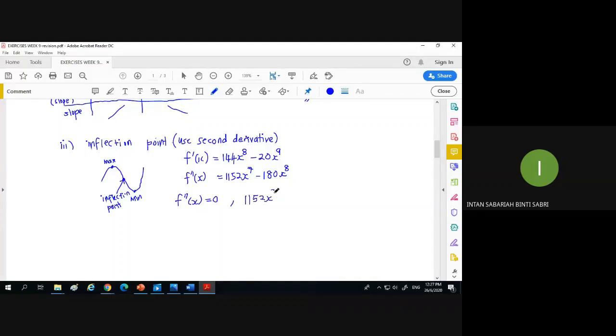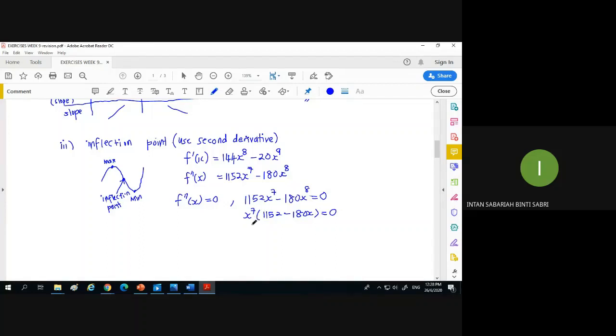So 1152 x power of 7 minus 180 x power of 8 equal to 0. You can factorize x power of 7. So we have x power of 7 factorized, then 1152 minus 180x equal to 0, same as previous.